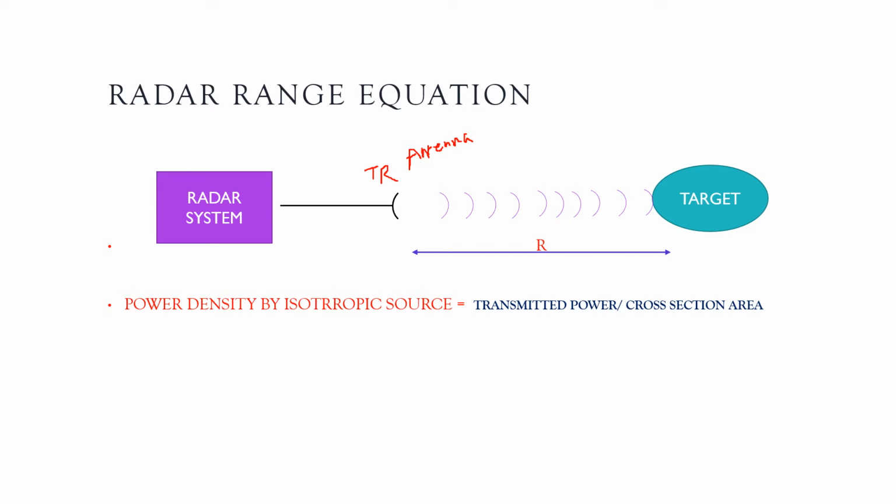The power density of the isotropic source is defined by the ratio of the transmitted power to the cross section area. Suppose the transmitted power is PT and the cross section area is 4 pi r square.